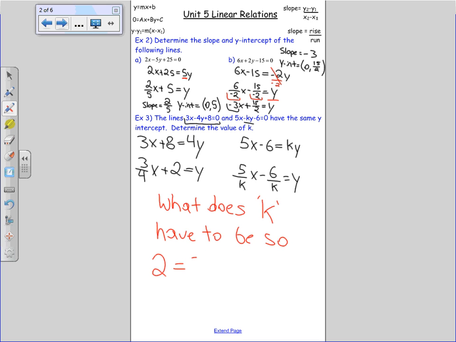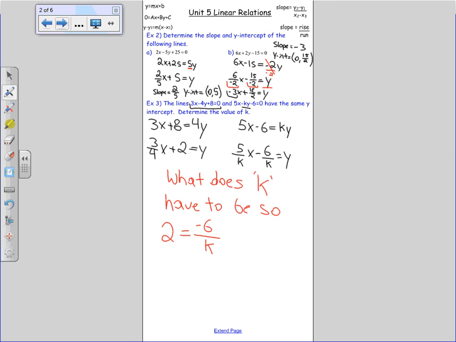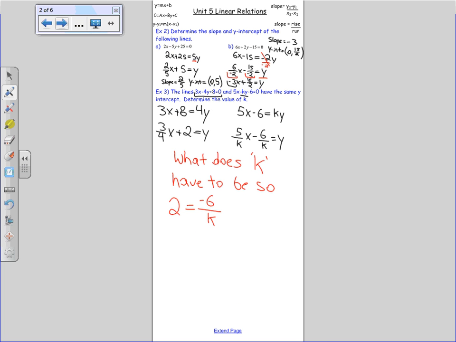And Maya told us that the answer was -3. So if you were to sub in -3, you would get 2 is equal to -6 divided by -3, which is 2 is equal to 2, which is true.